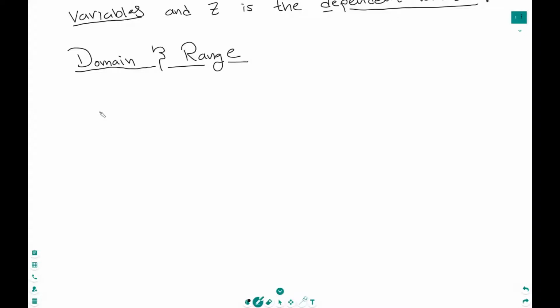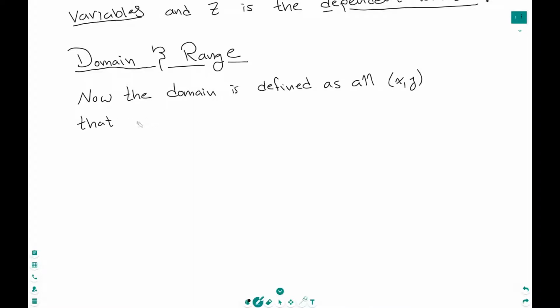So now the domain is defined as all points of x and y that our function f of xy is defined for.